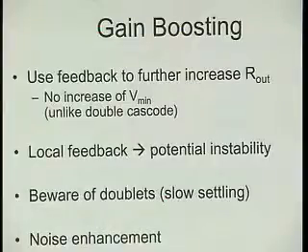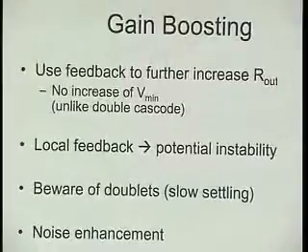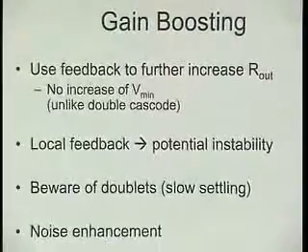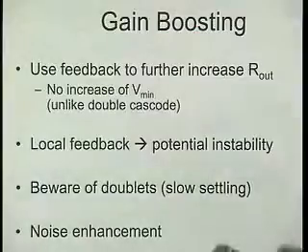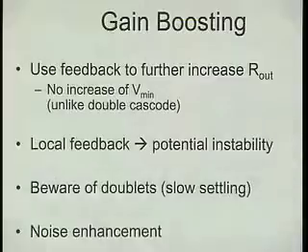And what is T? It's the loop gain. So we can lower the output impedance by the loop gain, 1 plus T, the gain of our feedback loop. Well, in other configurations, we can boost the output impedance by a factor of 1 plus T. And that's what we're going to do in gain boosting.